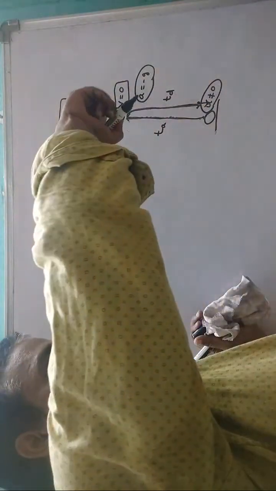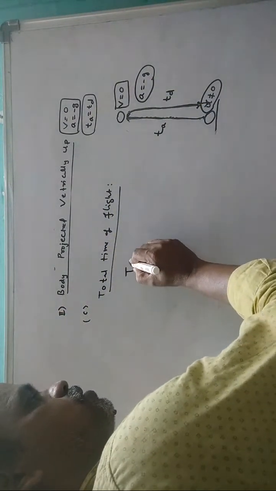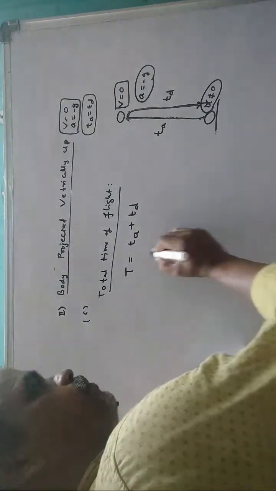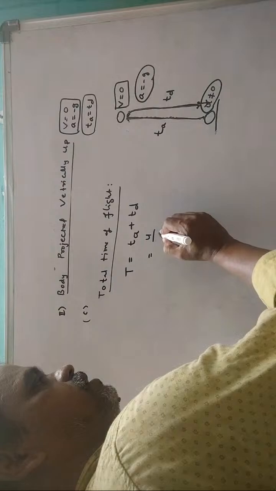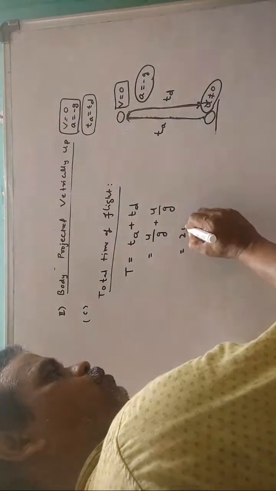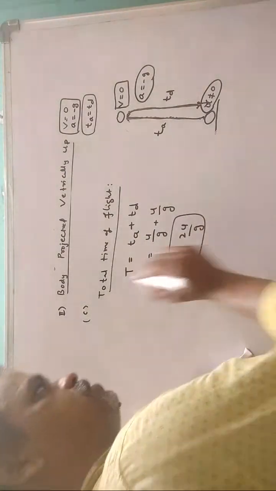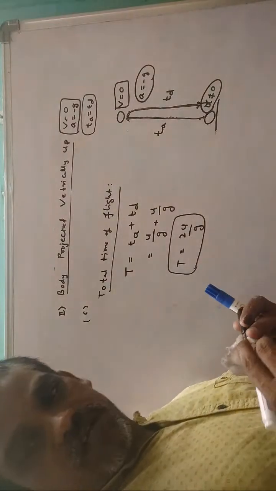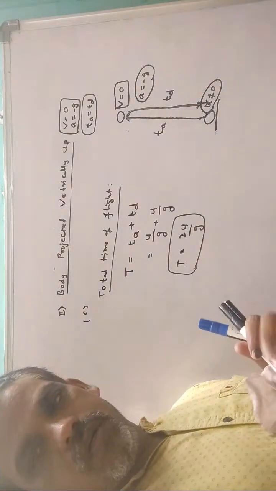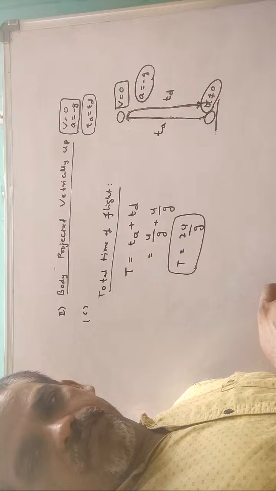Going up, reaching maximum and coming down to the earth, total time of flight equals Ta plus Td. Already we got Ta equals u by g and Td is nothing but u by g, so total time of flight is 2u by g.